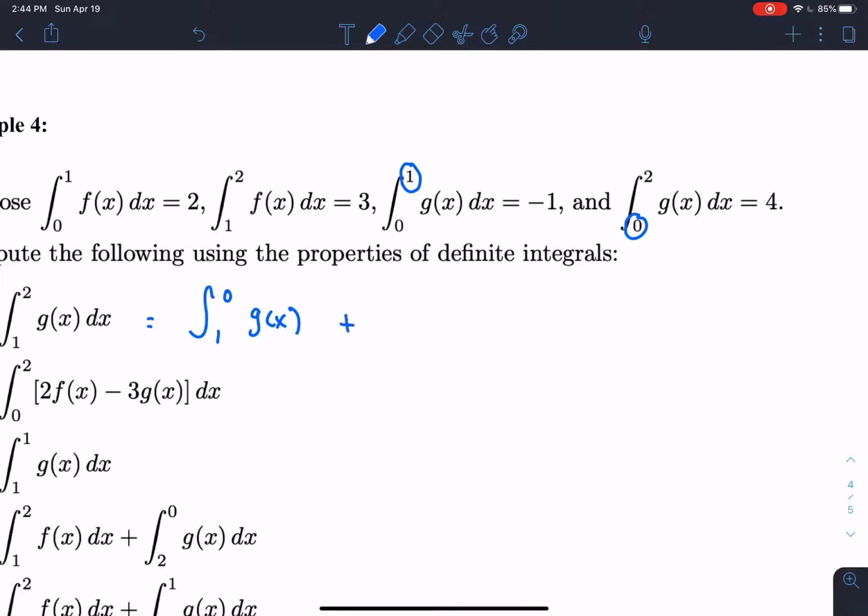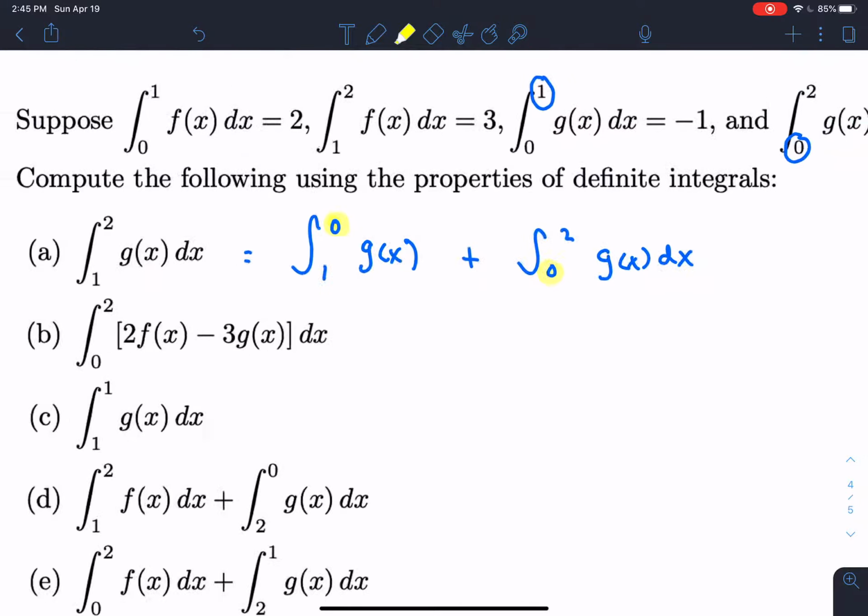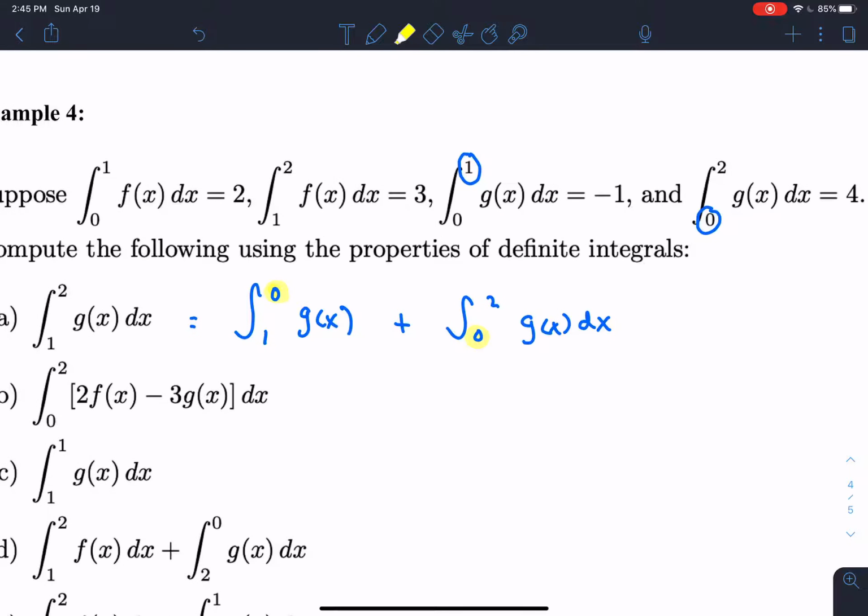And if I add that with the integral then from 0 to 2, now my top number on my left matches the bottom number here on the right. So this matches here, okay? Now, if I'm going from 1 to 0, I just have to make it the opposite of what it is from 0 to 1, okay? So this becomes now positive 1, and then from 0 to 2 becomes 4, so my total is going to be 5.